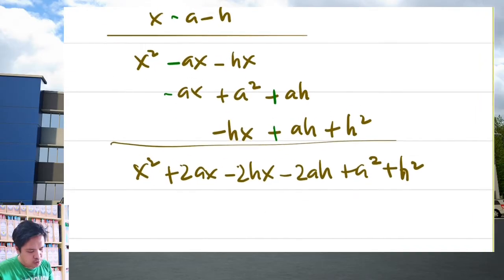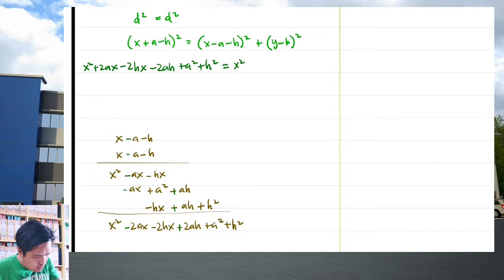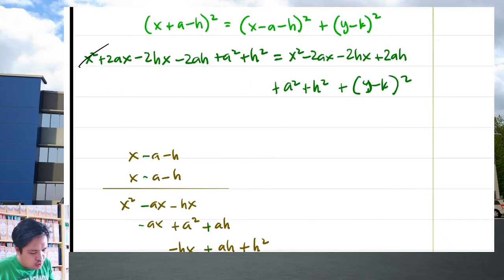So the signs just reverse. So this is equal to x squared minus 2ax minus 2hx plus 2ah plus a squared plus h squared. Then we also have plus y minus k squared. Then if you notice, we can cancel out terms on the two sides. So x squared will be cancelled out.